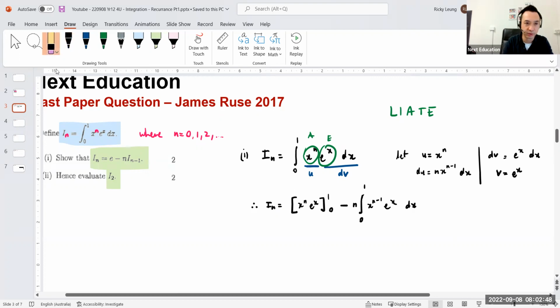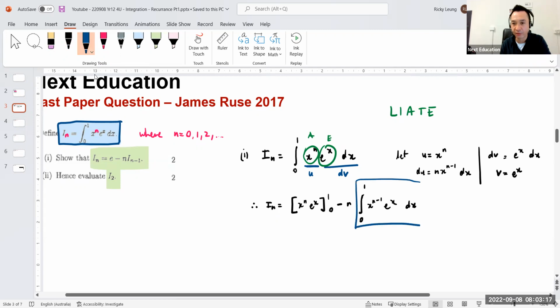I'm just going to make the n a little bit further out because I want to say, whenever you do an integration with a recurrence question, the purpose is this. When you're proving it, what you're aiming to do is find your original integral for In repeated with a different power of n.